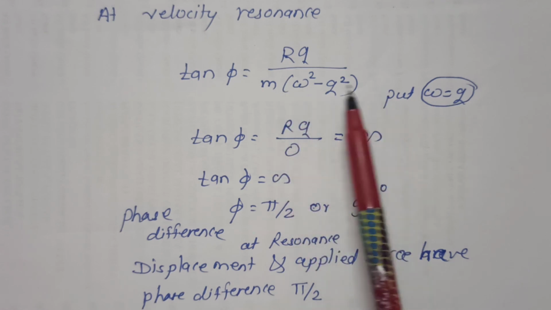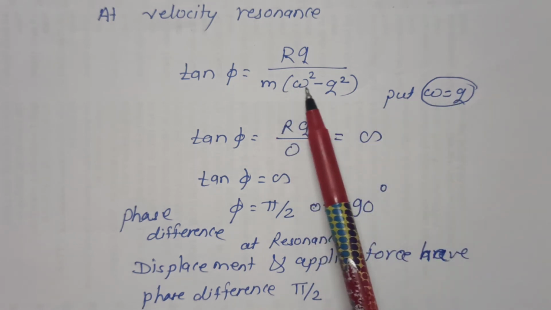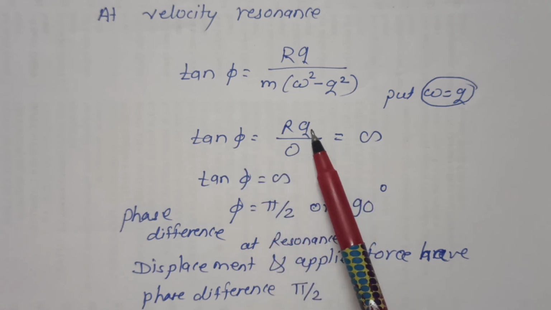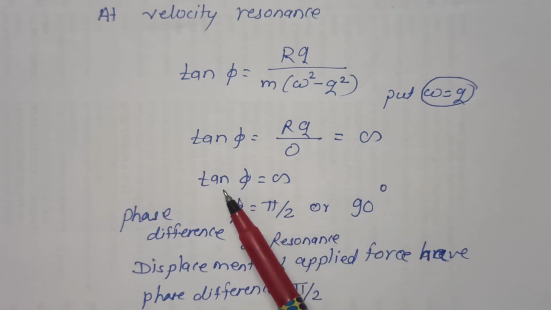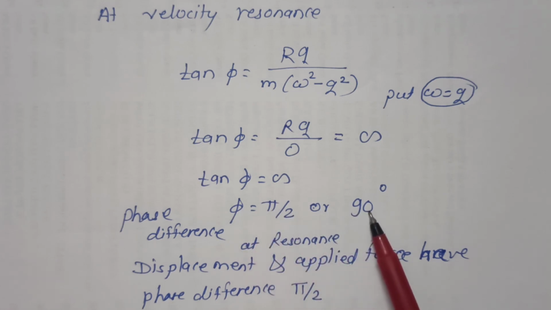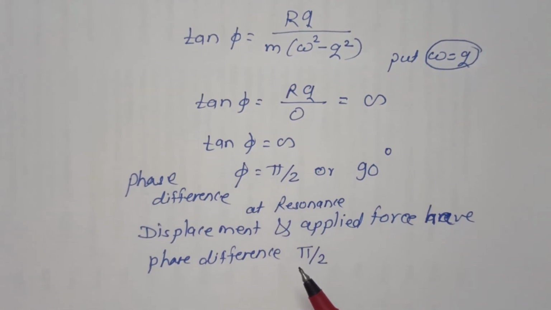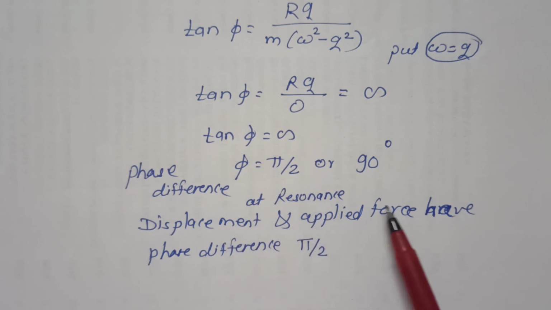Here we put omega is equal to q, then the denominator becomes 0. Then tan phi is equal to rq upon 0, that is equal to infinity. Then phi is equal to pi by 2 or 90 degrees. Phi is the phase difference. At resonance, displacement and applied force have a phase difference of pi by 2.